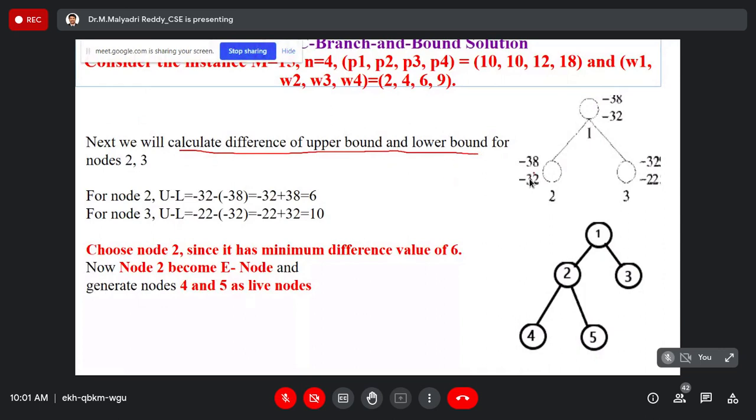So upper boundary minus 32 minus lower boundary minus 38 is nothing but 6. Difference of boundaries of node 2. For node 3, the difference is 10.